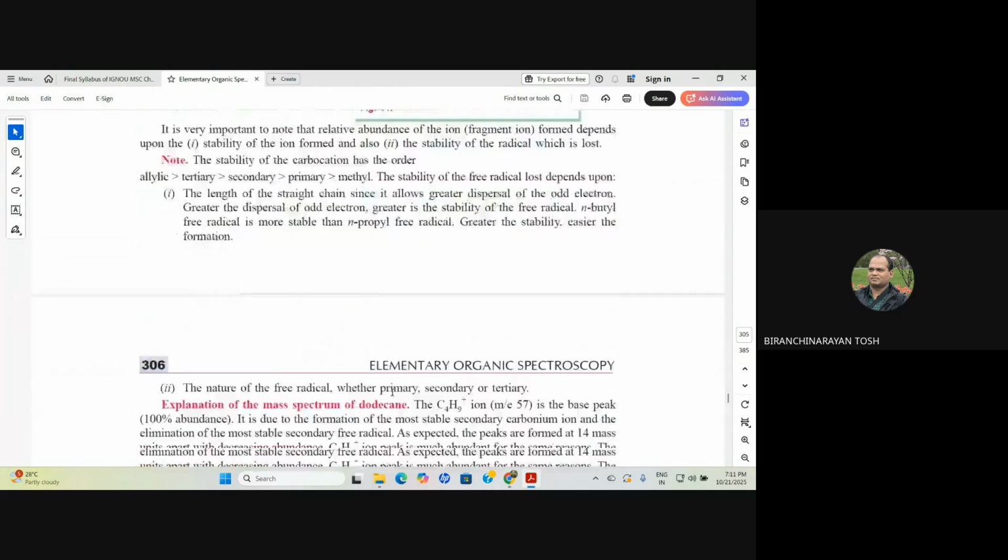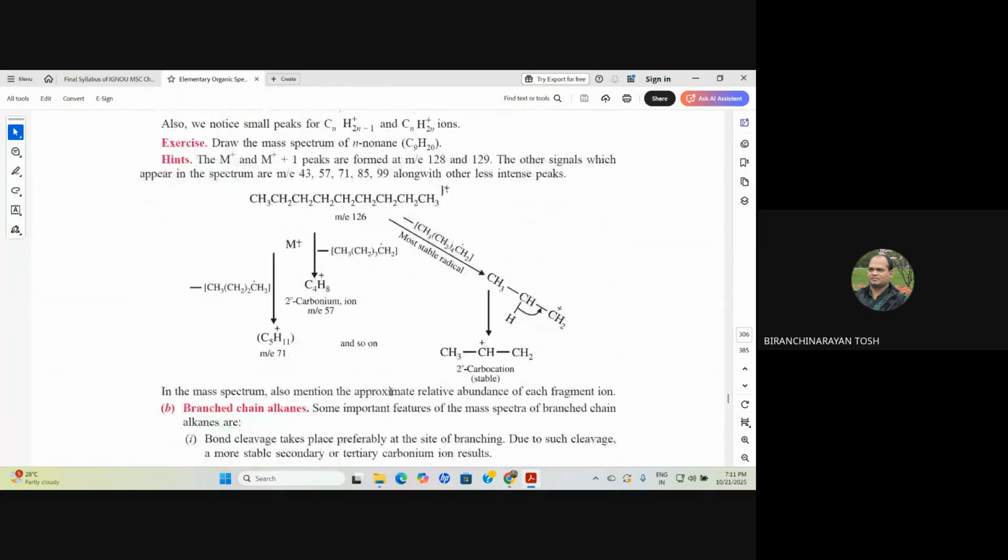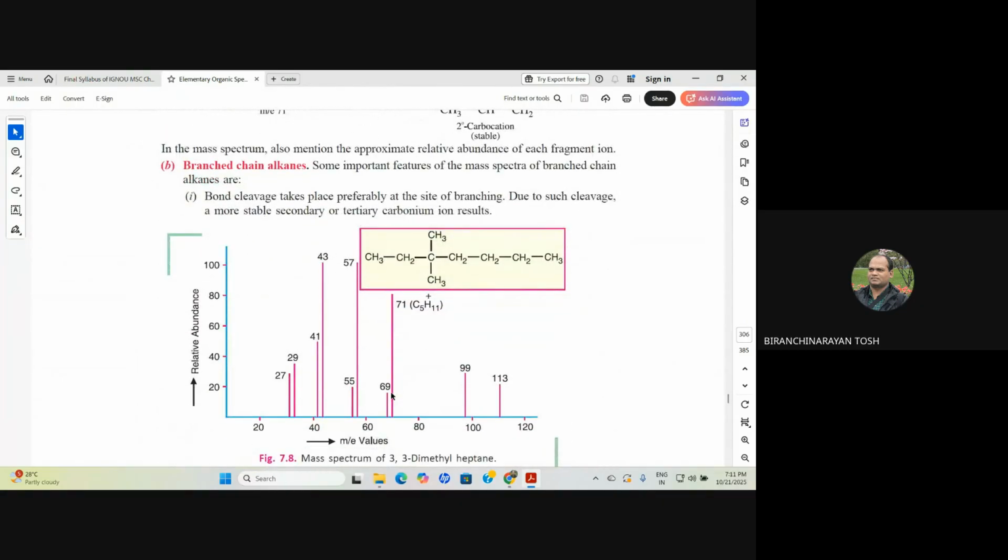Now moving towards branched chain alkanes. Here is the branching. Bond cleavage takes place preferably at the site of branching, so either from here, here or here. Ethyl or methyl groups will be removed.